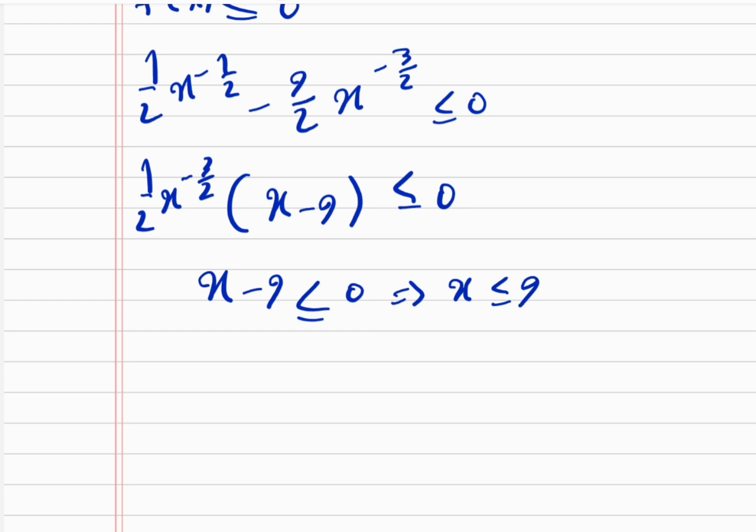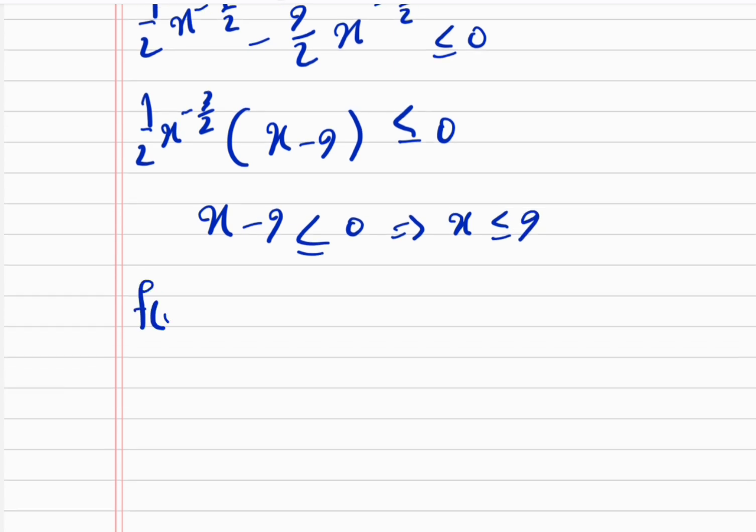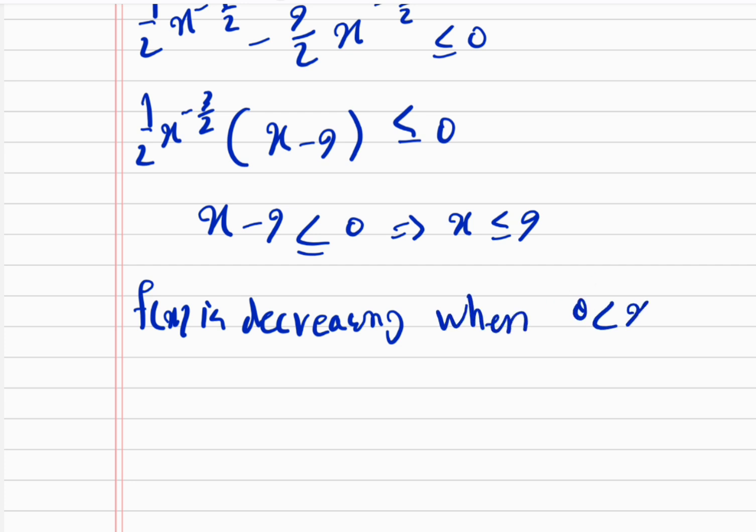But we should state that f of x is decreasing when we have this interval, or it can be written as, as we discussed above, x is positive, but from the inequality it is less than or equal to 9. So this is the final interval that tells us where the function is decreasing.